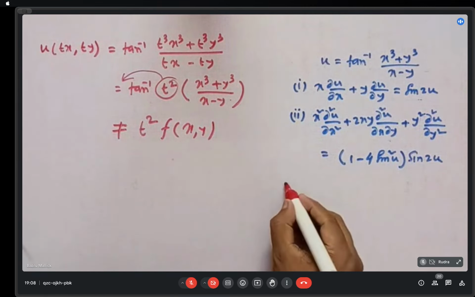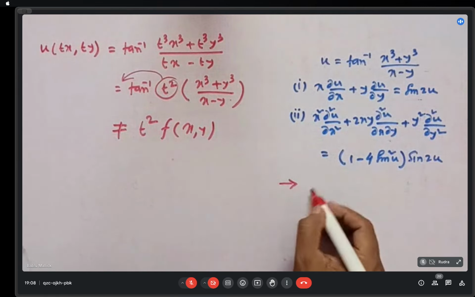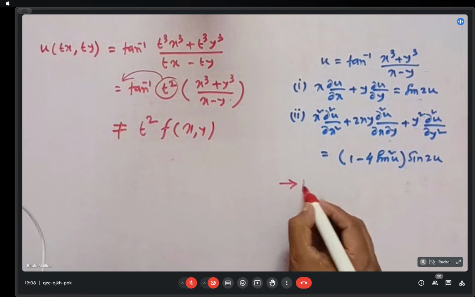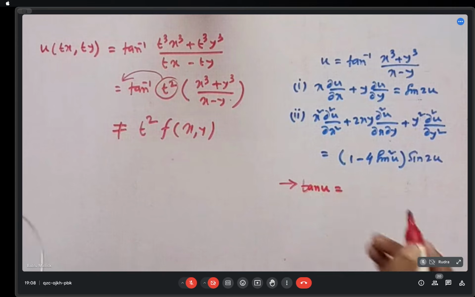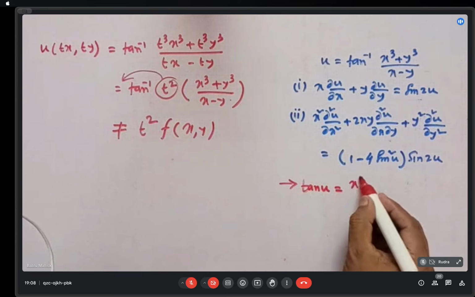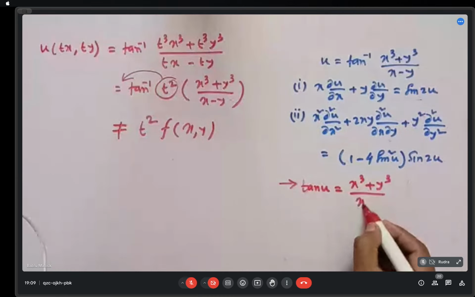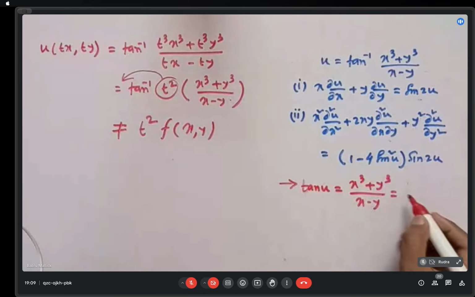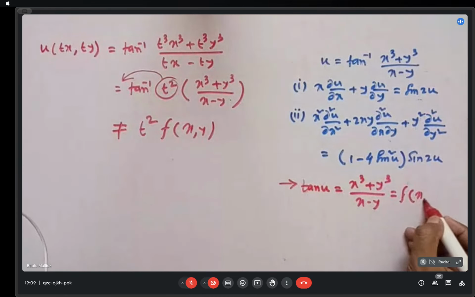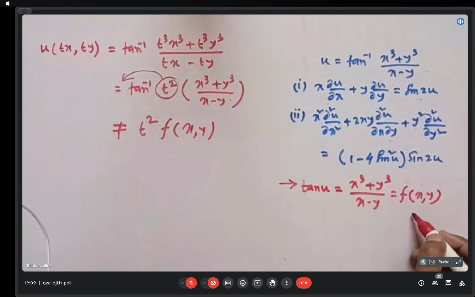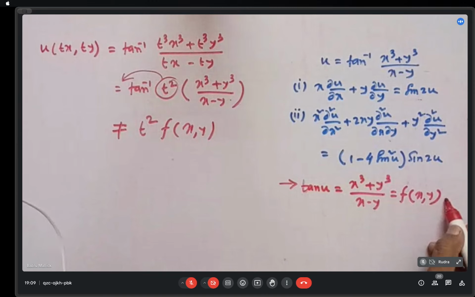So let us start the solution. Write, tan u is equal to (x cube plus y cube) divided by (x minus y). I shall take this as f of x comma y.